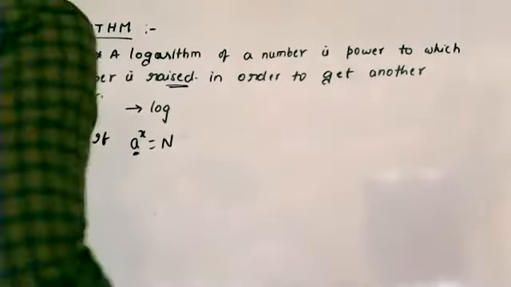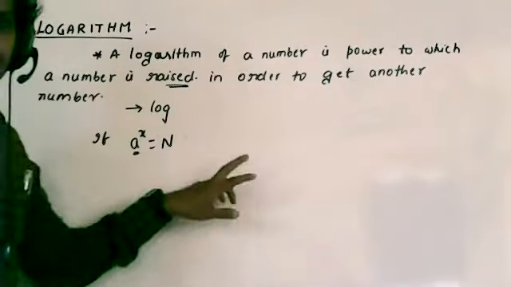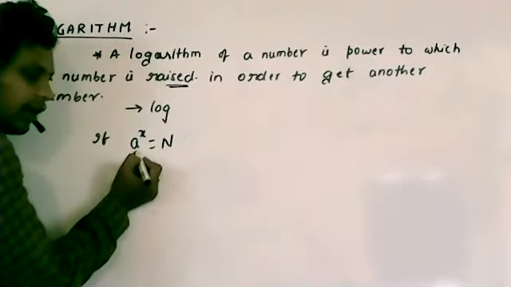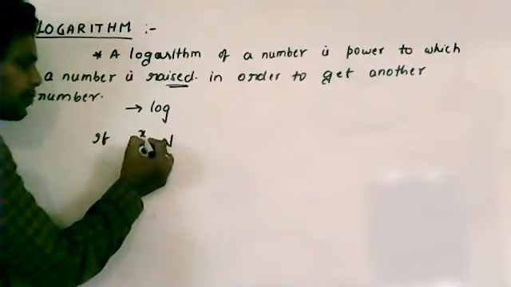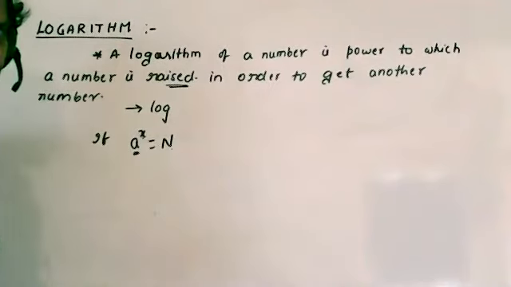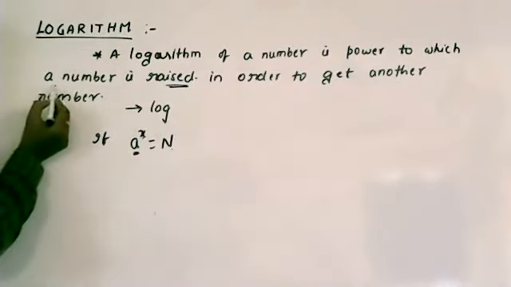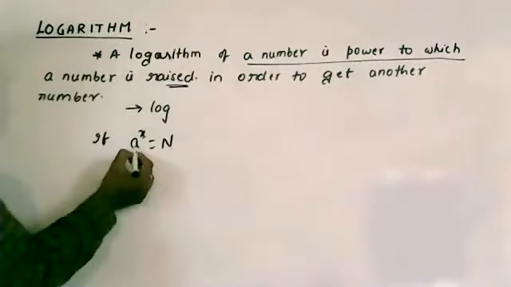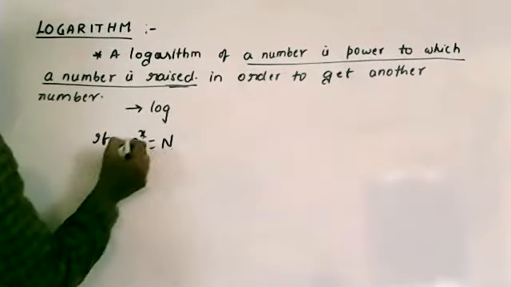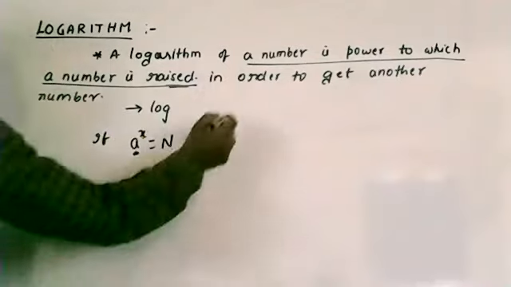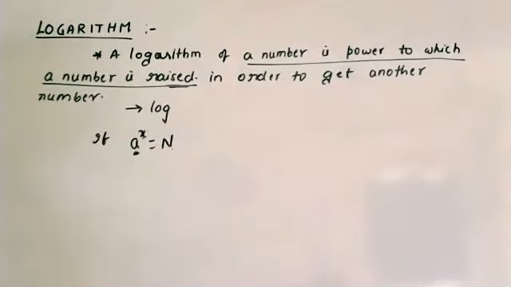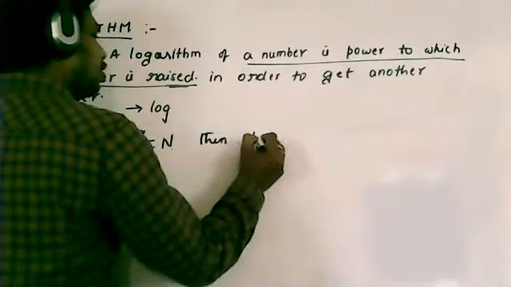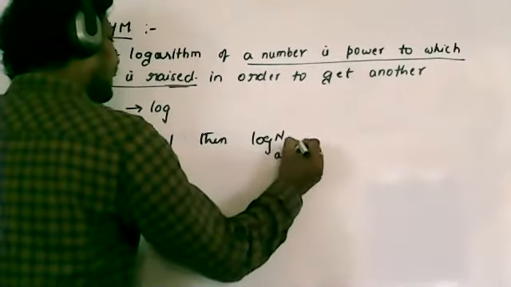If a to the power x equals n, now remember, a is a number, and this number is raised to how much power to get another number. Then we can write log n to the base a is equal to x.